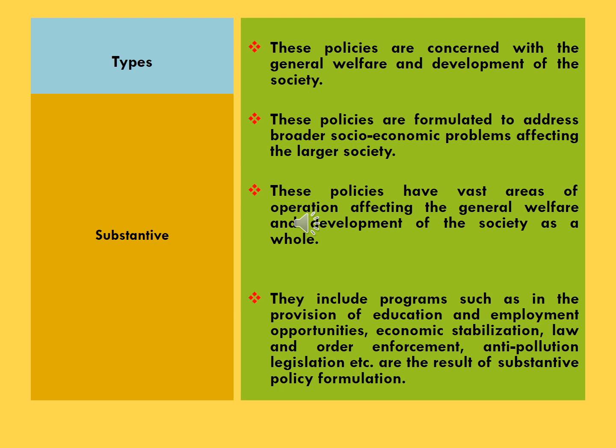Substantive policies are those that are concerned with the general welfare and development of society. These policies are formulated to address broader socioeconomic problems affecting the wider society. The policies have vast areas of operation affecting the general welfare and development of society as a whole.